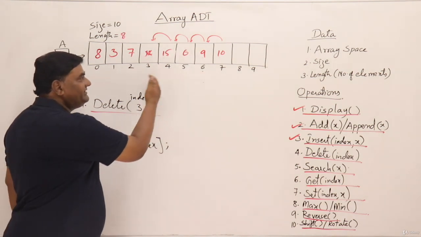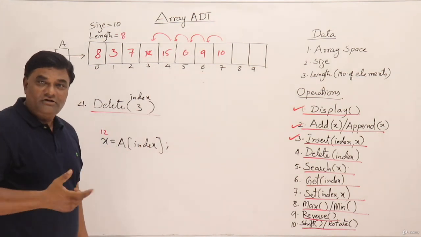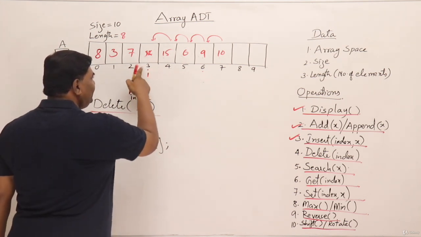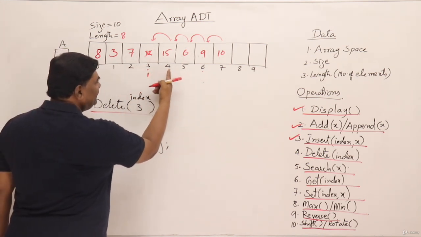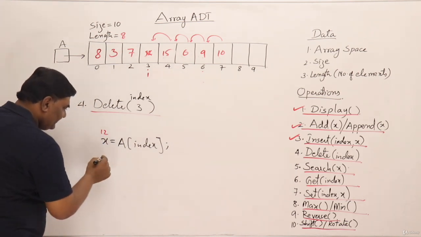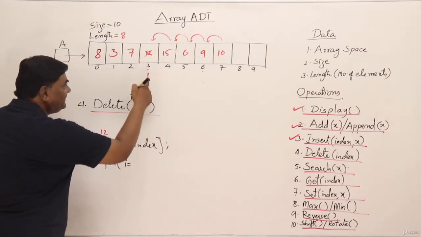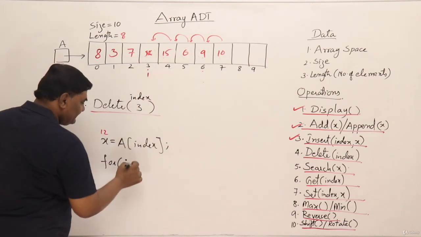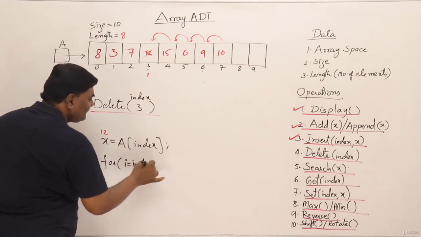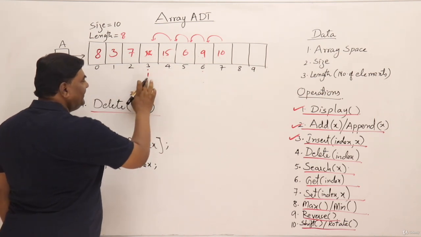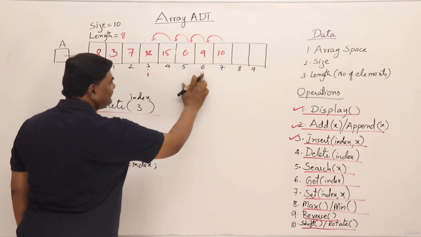The shifting of these elements can be done using a for loop. Let us start I from the given index, and being at I, it can copy the element from the next index. So let us write a for loop where I starts from the given index, which is 3. Where should I stop? It should stop at 6.